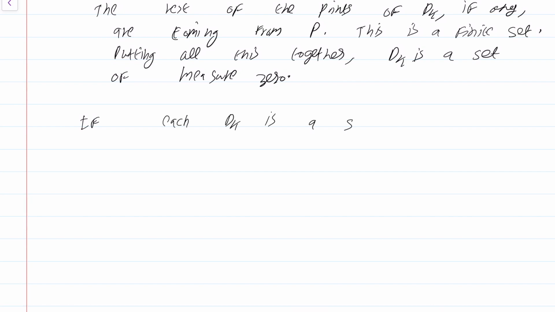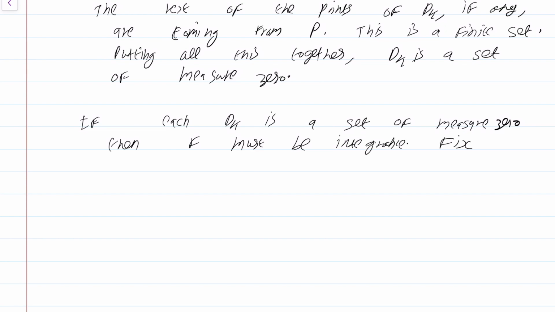Now on to part 2, which is to show that if each D_k is a set of measure 0, then f must be integrable. Okay, we have to show this. So again, we are going to use the criterion for Riemann integrability, that there is a partition P such that U(f,P) minus L(f,P) is less than epsilon. If I can find such a partition, then the function is Riemann integrable.